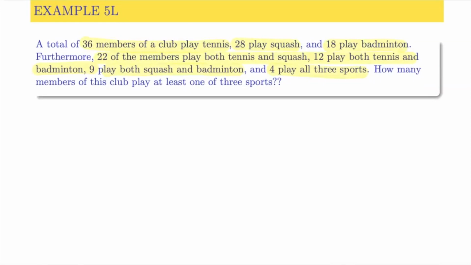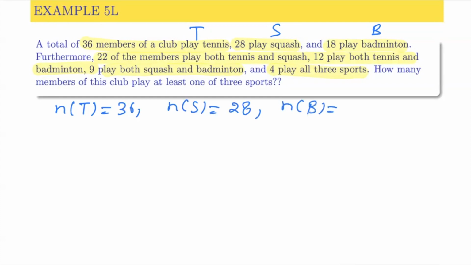Suppose I'm representing tennis by T, squash by S, and badminton by B. They have given me NT, the number of players playing tennis, NS for squash, and NB for badminton. The number of players playing tennis and squash, the intersection, is 22. Tennis and badminton is 12.